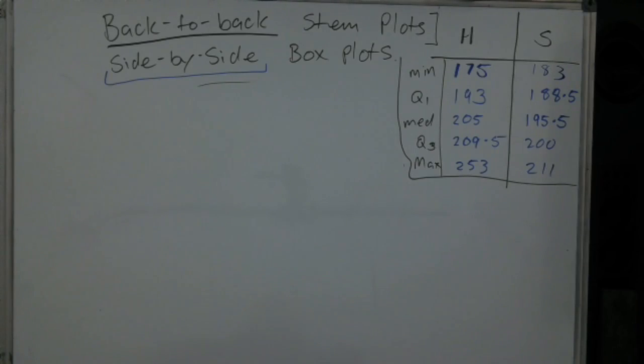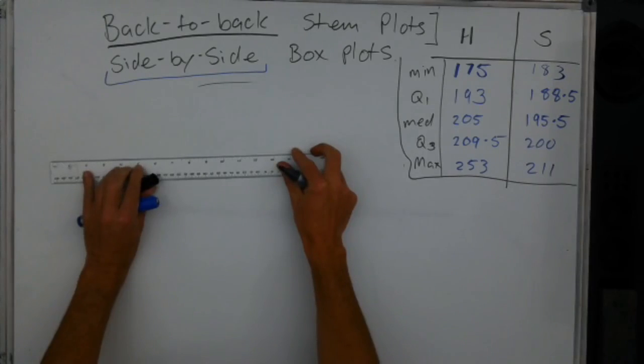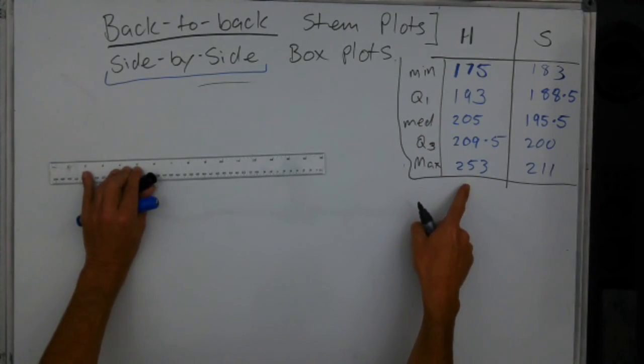So how can we scale that? If we could go from 170 up to 260.